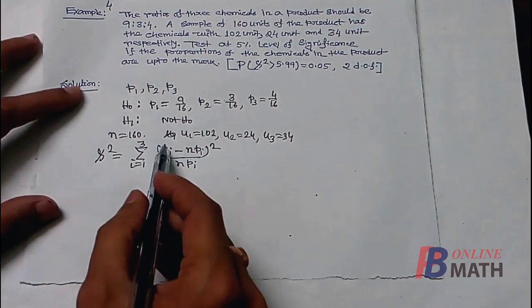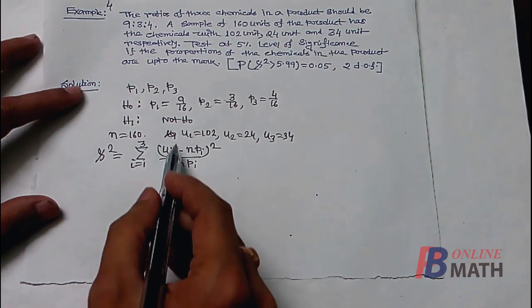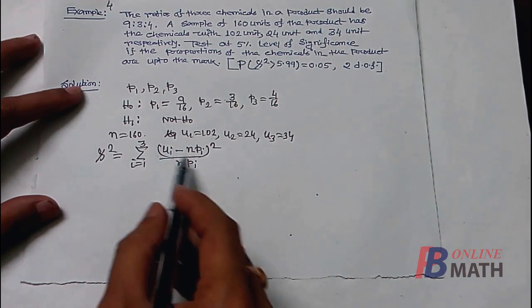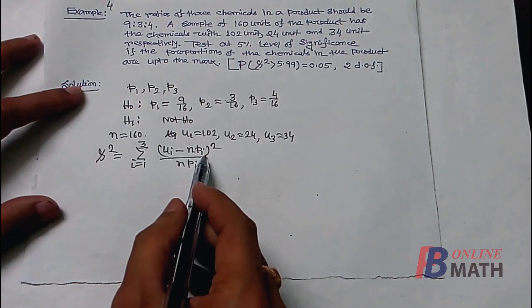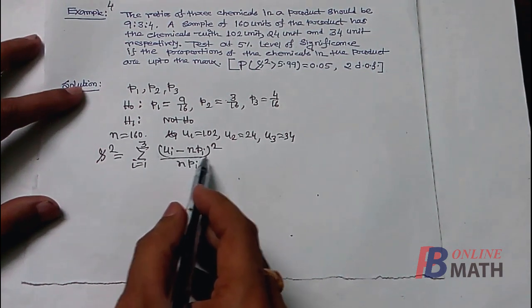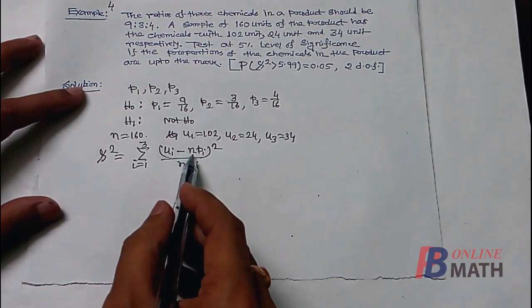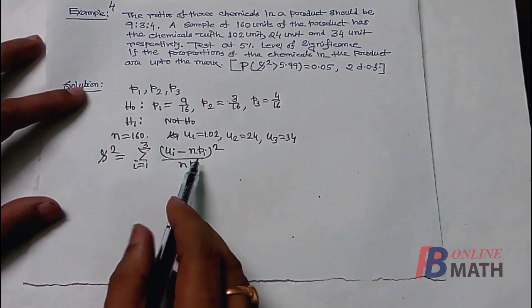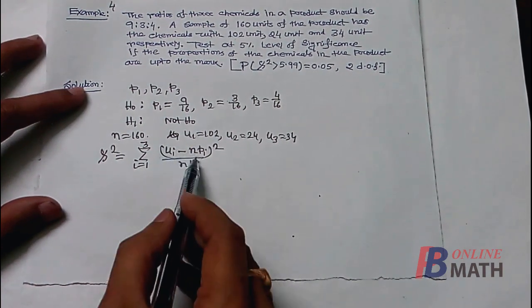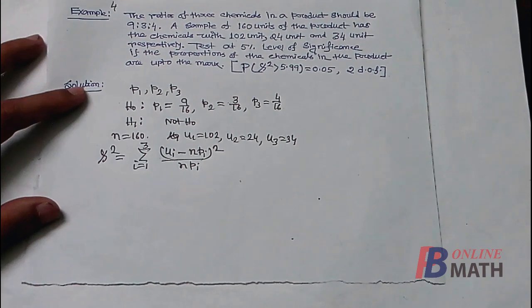Actually ui are the observed values of the chemicals, and npi are the expected quantities or expected units of the chemicals in the product. So this is the observed quantity and the expected quantity.